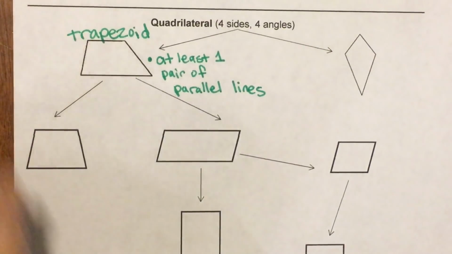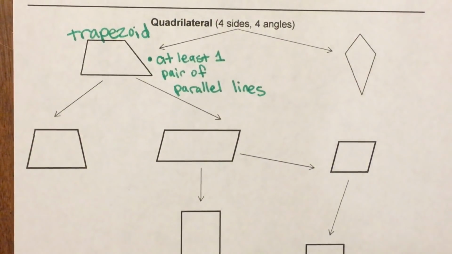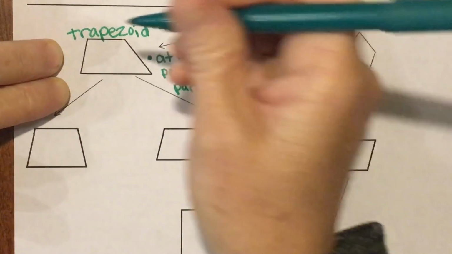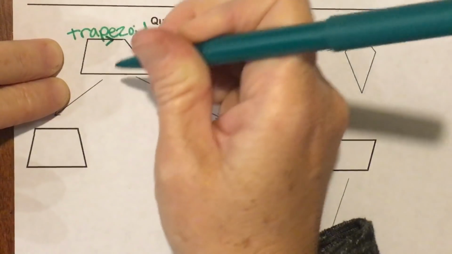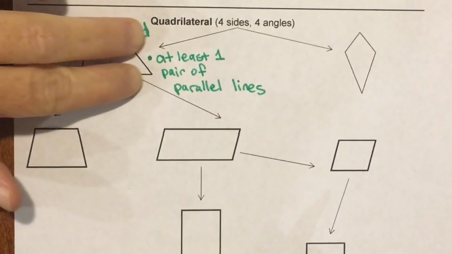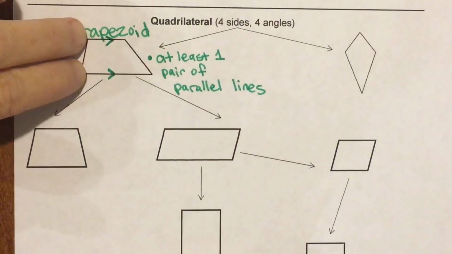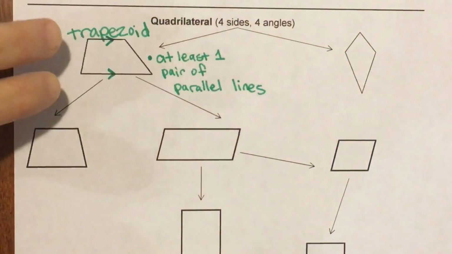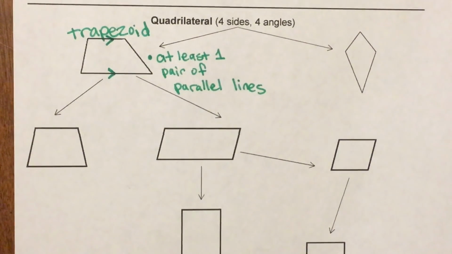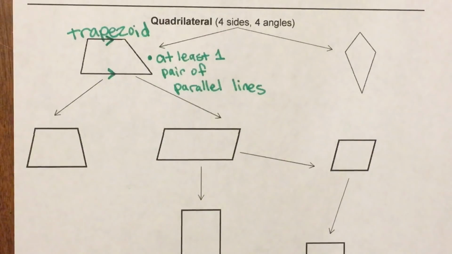They could have more, but they have to have at least one. If I look at this shape, these two lines, this one and this one, are parallel. So I could use these little arrows saying that when they continue on forever, they'll never touch. That shows that they're parallel. So that shape is a trapezoid.